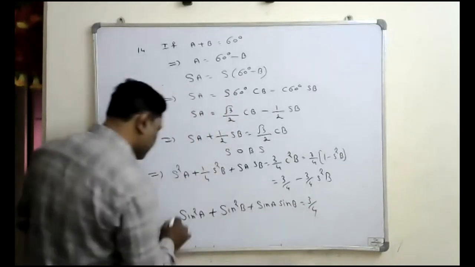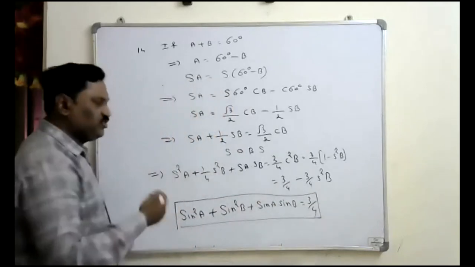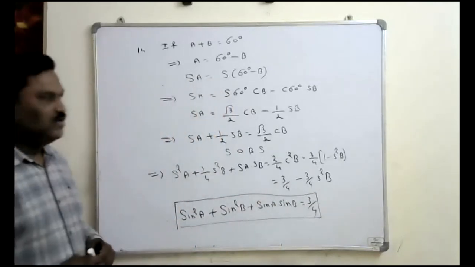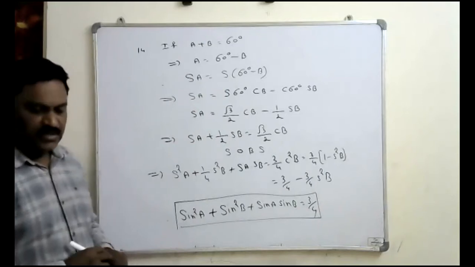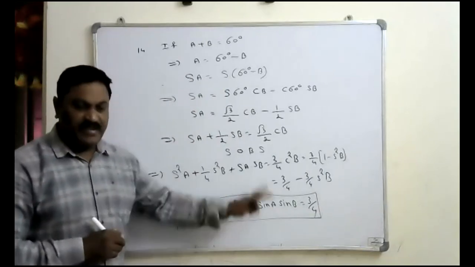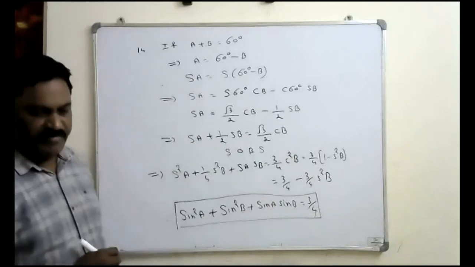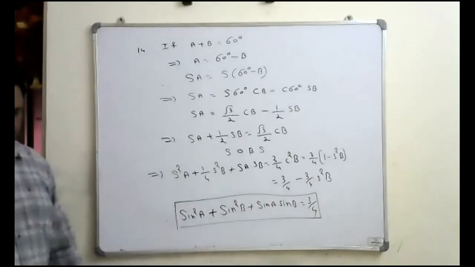So when the sum of the angles is 60 degrees, this is the result: sine square A plus sine square B plus sine A sine B is 3 by 4, which is a constant value. We will always get it if the sum of the angles is 60 degrees. Take that.